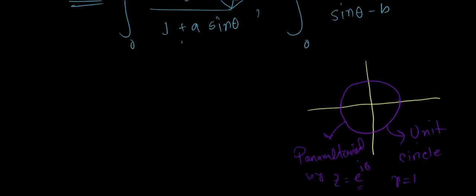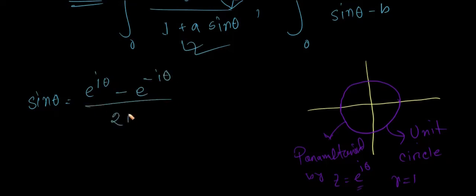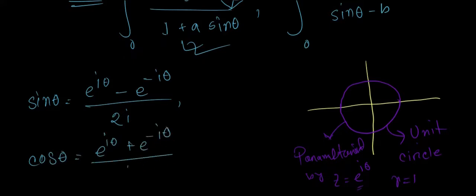We want to evaluate this one, and if you recall, sine theta was written as e to the power i theta minus e to the power negative i theta divided by 2i, and cosine theta was written in the exponential form as something like this, right? And all of these are complex variables.